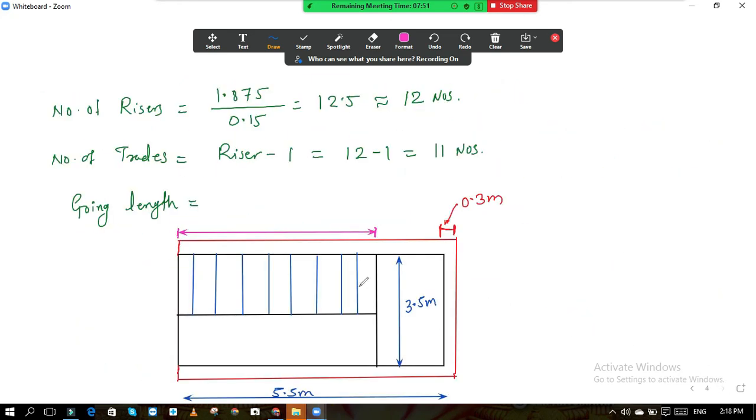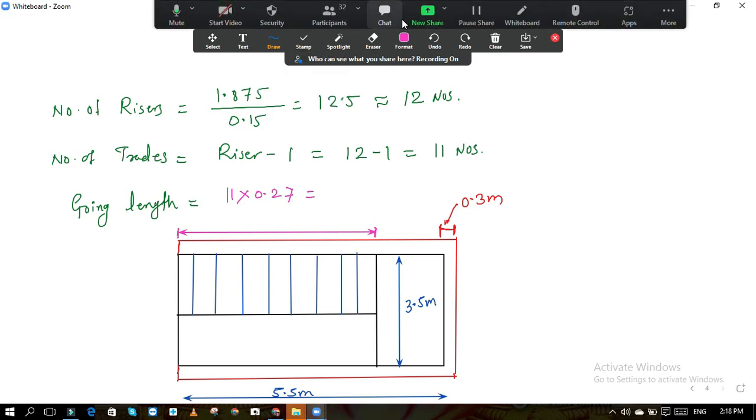So it is 11 numbers, so 11 into 0.27. How much is it?